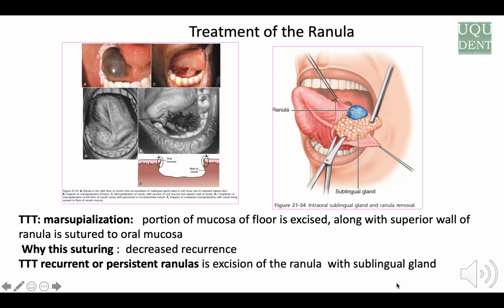To make it smaller in size. Then when you make it smaller in size, you can remove the lesion more easily. Why do you do the suture like this? Because you want to decrease the recurrence. The treatment for the recurrent or persistent ranula is to do excision with the sublingual gland, because we said the ranula comes from the sublingual gland. Okay?